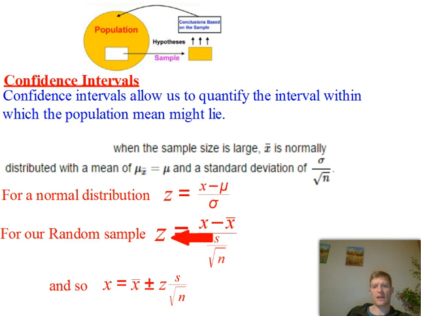By rearranging our z-score, we get this expression, where we can determine x, the value that we're after. We get an upper bound and a lower bound for x, which gives us our confidence interval.